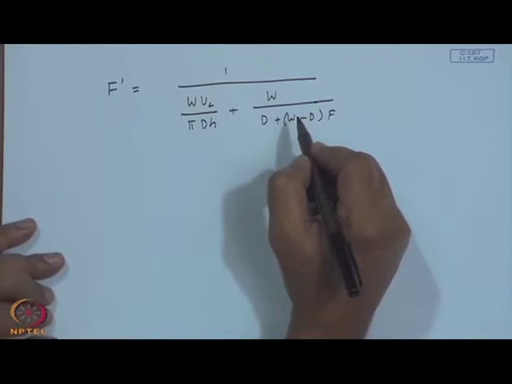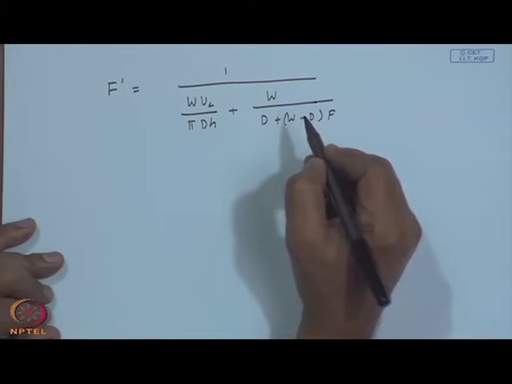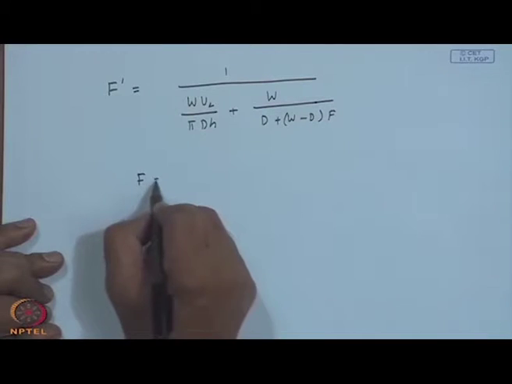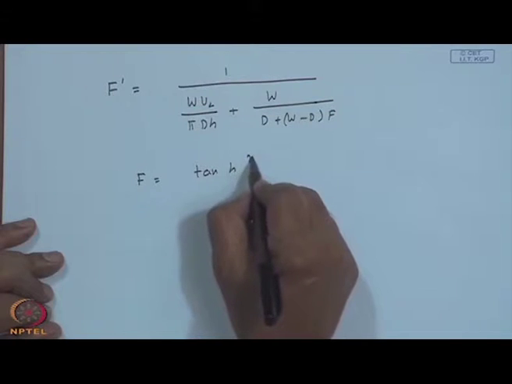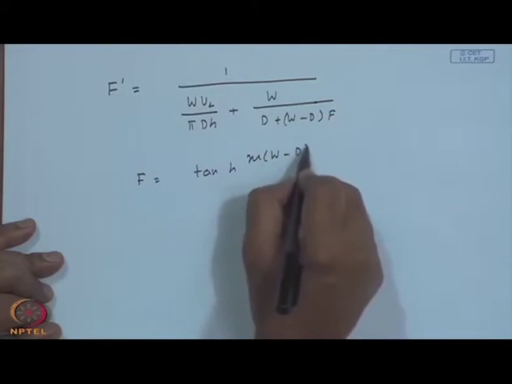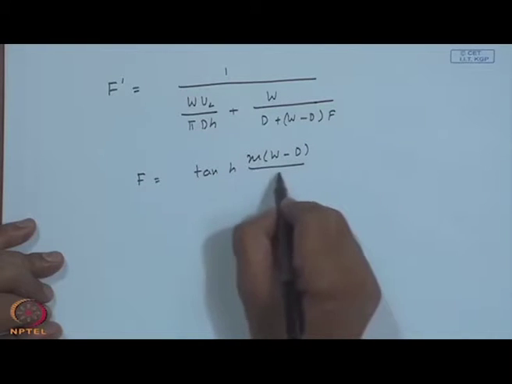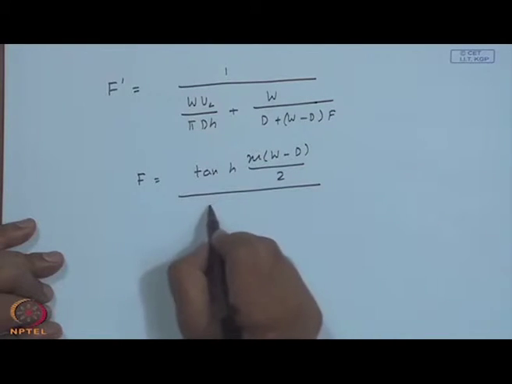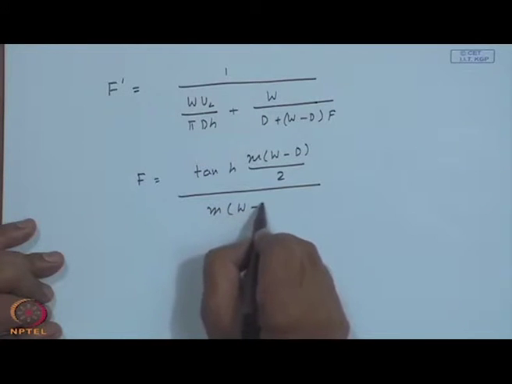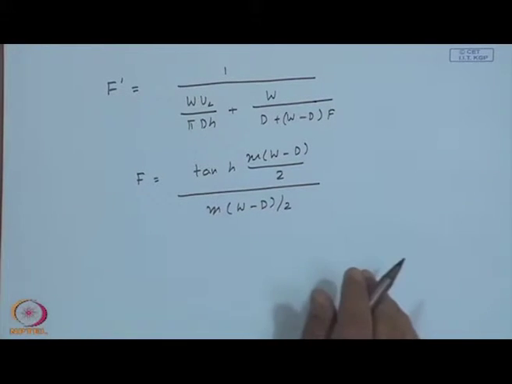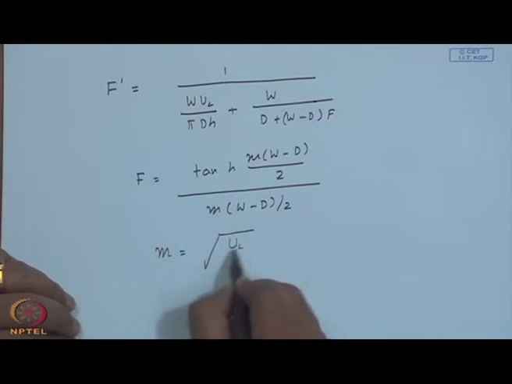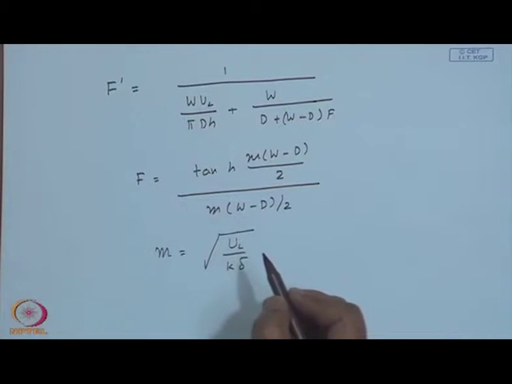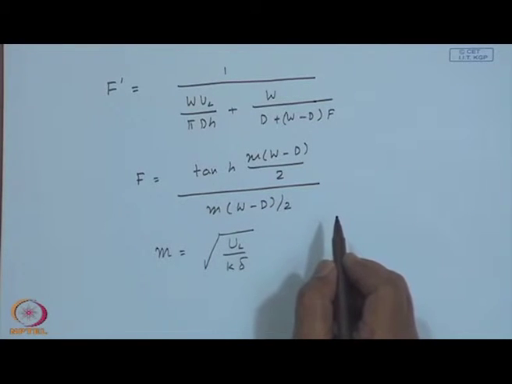We assume that the fin is attached with zero resistance to the tube, and the fin efficiency is given by again the same expression. Only thing is your W and d have to be appropriately taken depending upon the geometry. Of course, m is the square root of U_L by k delta, or the same as m squared is equal to U_L upon k delta.